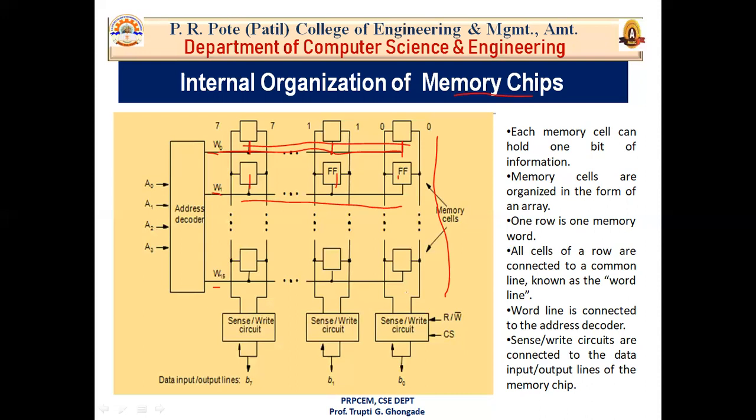Now this is a column. The cells in each column are connected to a sense write circuit through bit lines. This is called a bit line.